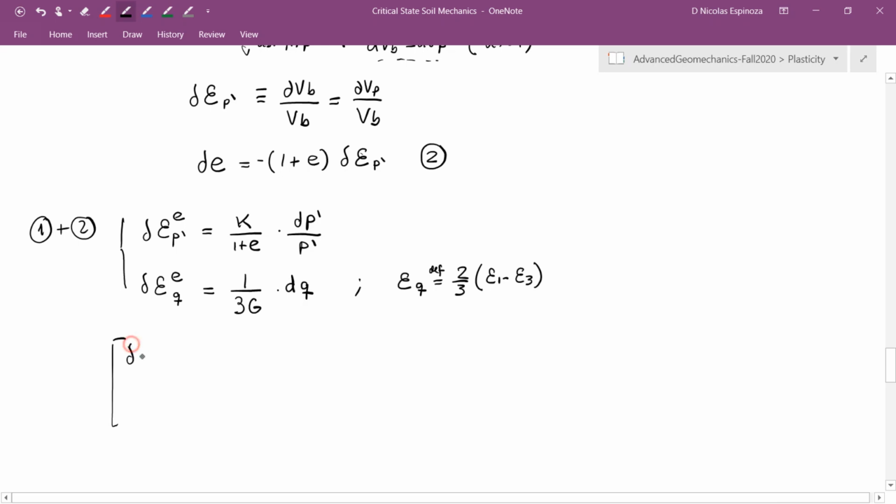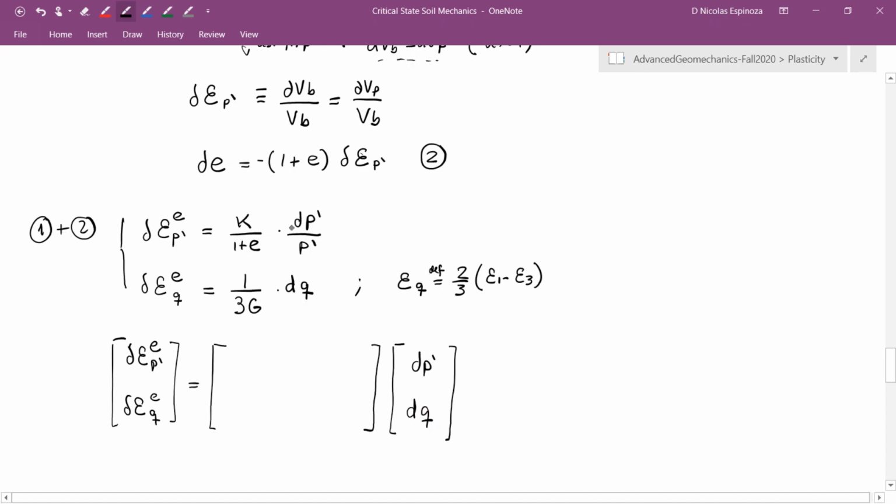Let me put the volumetric strain elastic component and the deviatoric strain elastic component, those two as a vector, and here is going to be my matrix, and here is going to be my change of stress, where the change of stress is the change of the mean stress, and here I have the change of the deviatoric stress.